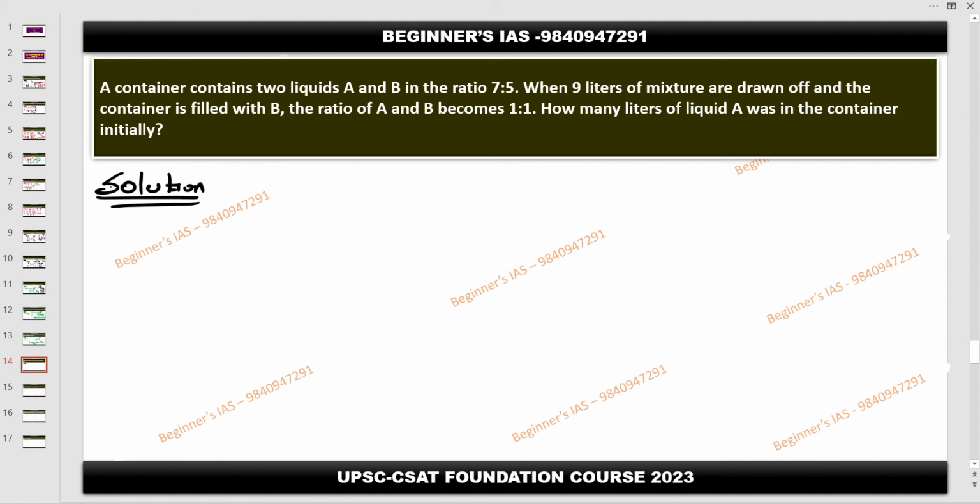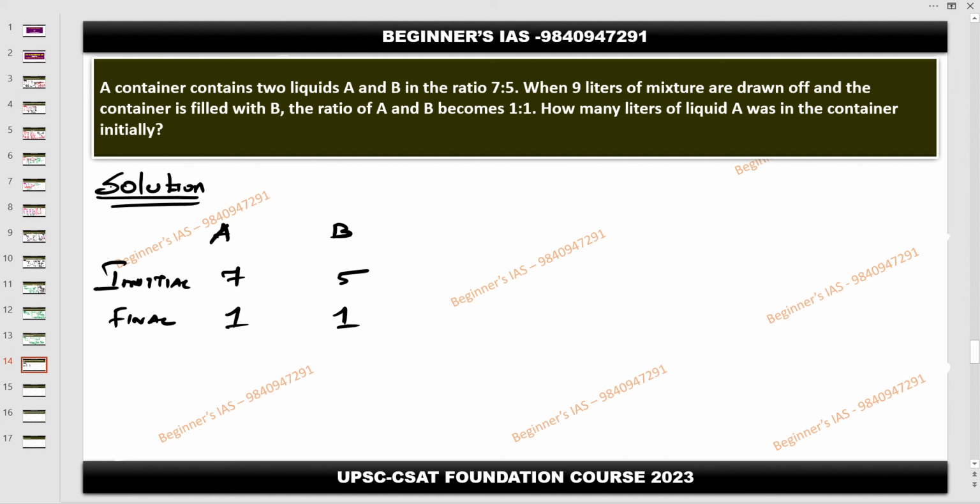So this is A, this is B. Initially 7:5, and finally after taking out, the ratio is 1:1.